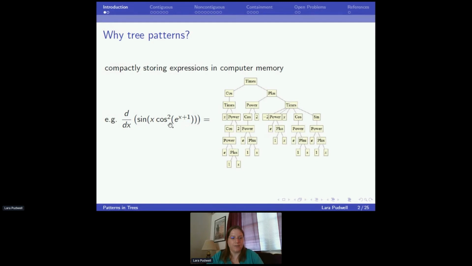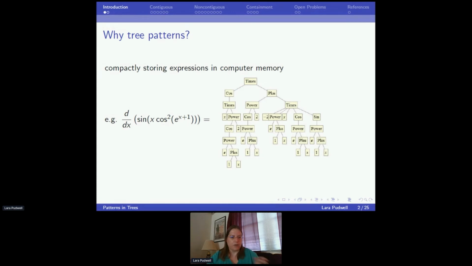You have cosine of the stuff that's inside the outermost parentheses times the derivative of that. And what I want to point out on this tree is there's a lot of repetition. This wasn't a convoluted tree I made up just to make it be a repetitive tree. This is a tree that showed up as a result of a mathematical computation. And you see, for example, e to the power x plus 1, 2, 3, 4, 5 times across the bottom of the tree.